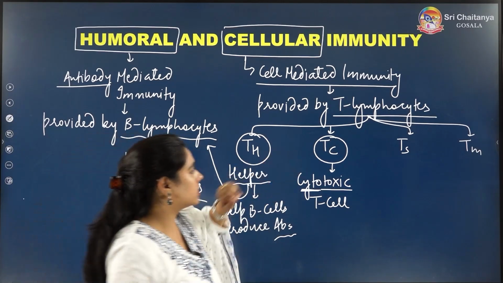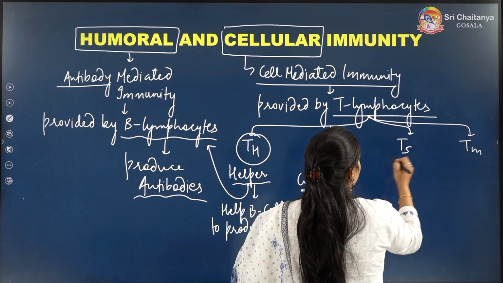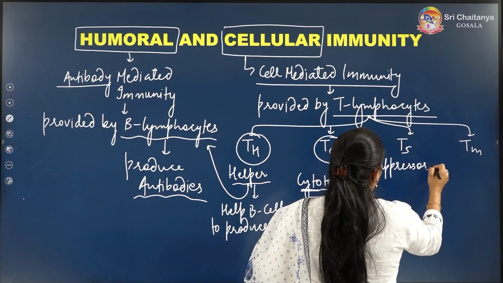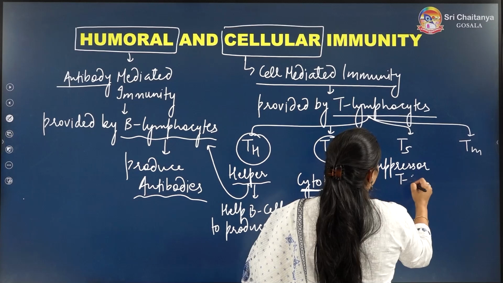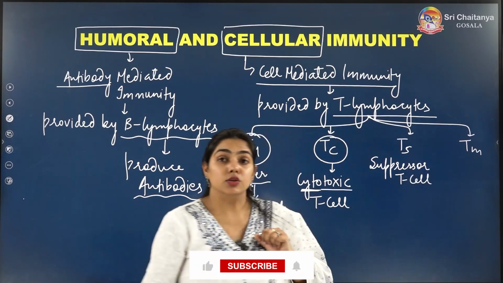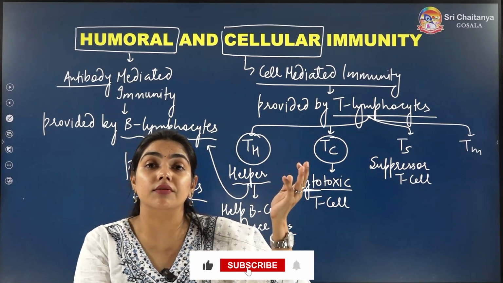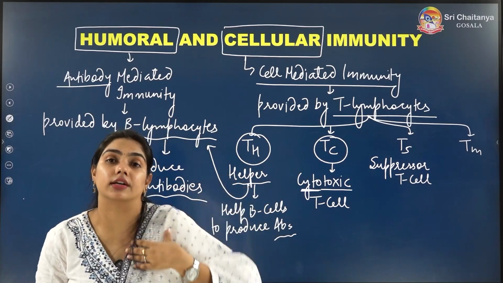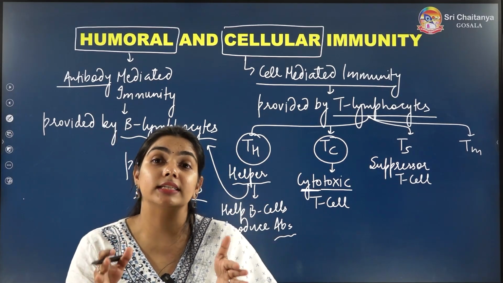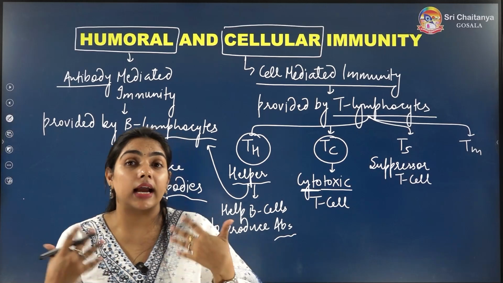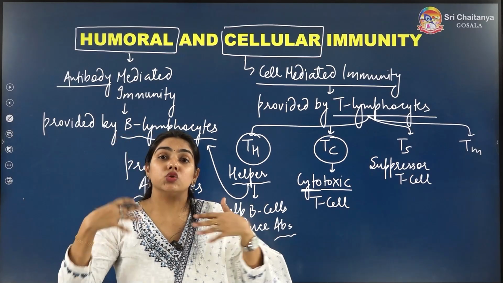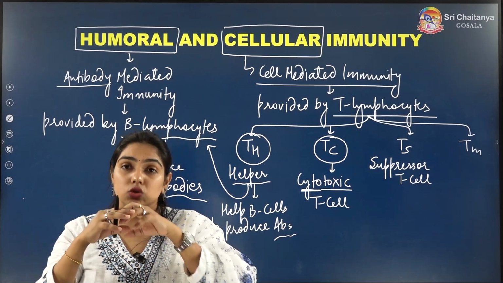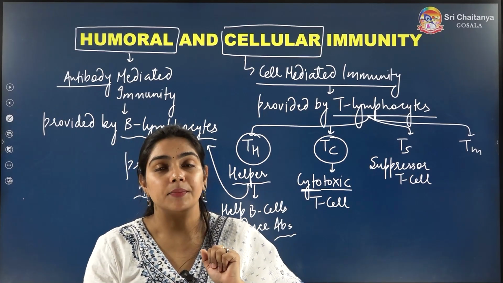Okay. Now suppressor T cell. S stands for suppressor, or they can also be called regulatory T cells. So suppressor T cells do their work when the other cells are doing overwork. They need to get suppressed, so that unnecessarily so many antibodies should not be produced, and unnecessarily so many other cells will not be killed, right?